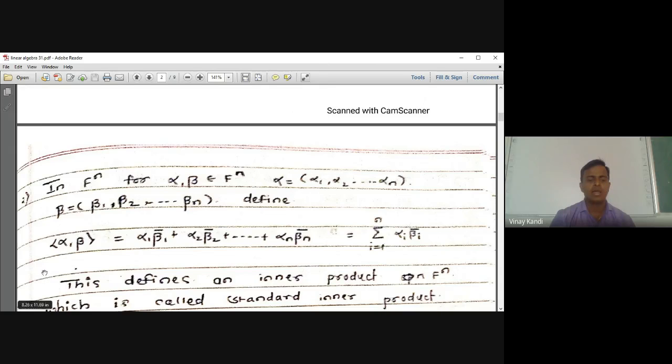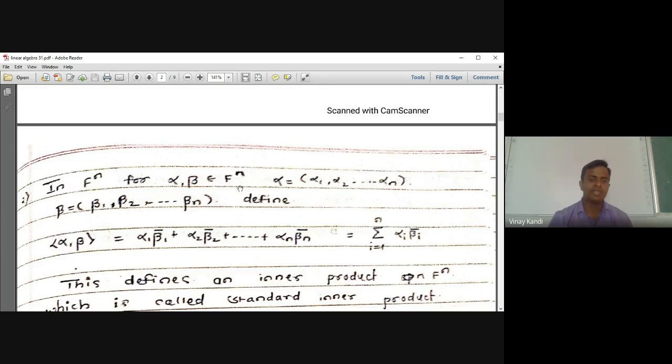The inner product of alpha and beta is defined as alpha 1 beta 1 bar plus alpha 2 beta 2 bar plus up to alpha n beta n bar, which is equal to the summation, i equals 1 to n, of alpha i beta i bar.